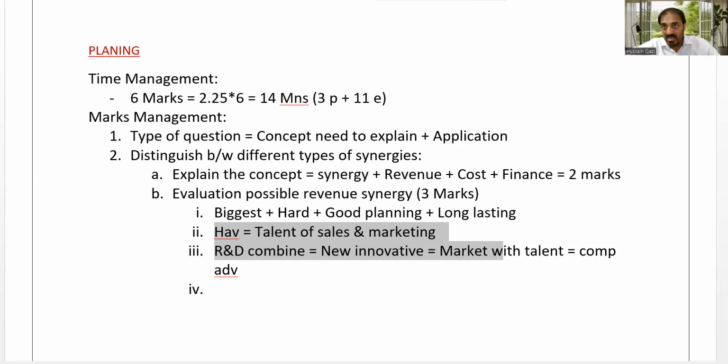So identifying the facts from the question and incorporating them in the discussion is one of the professional skill marks, number one. But there is more you need to create here.